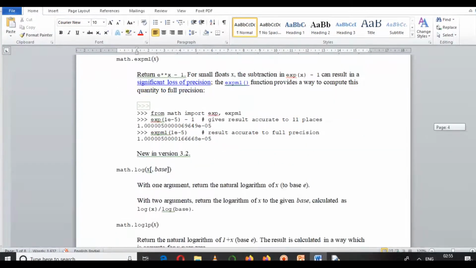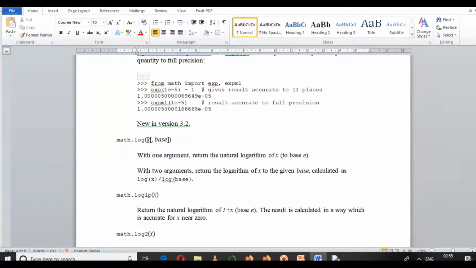Next we have math.log(x), and you can see in the description there is one square bracket here, and this square bracket is optional. So whenever you have a square bracket in the description or in the suggestion, that means it's an optional parameter, and with one argument math.log will return the natural logarithm.